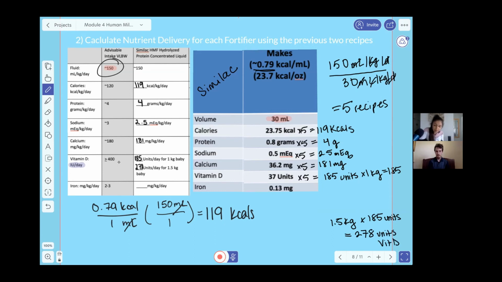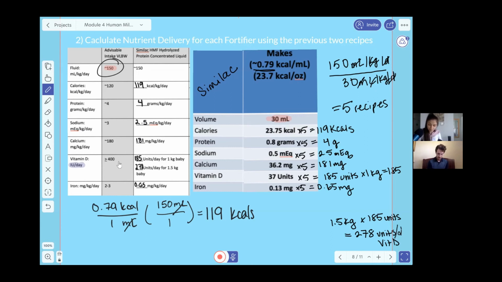And then last, we have our iron that we're going to multiply by 5, and that is going to give us about 0.65 milligrams of iron. Okay, does that make sense?